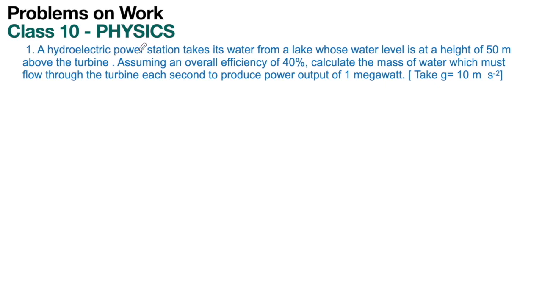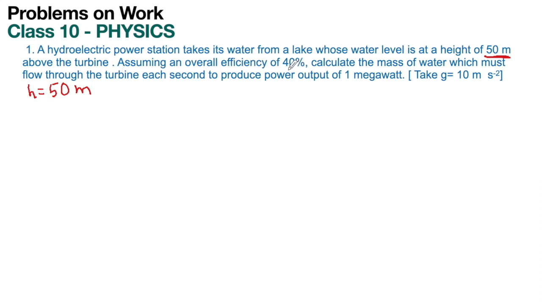A hydroelectric power station takes its water from a lake whose water level is at a height of 50 meters above the turbine. Now this height becomes your H. So I will write H equal to 50 meters.